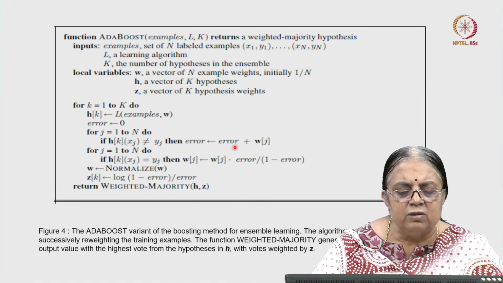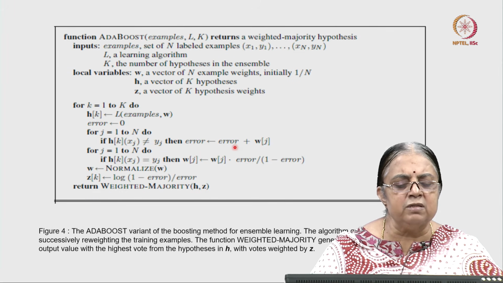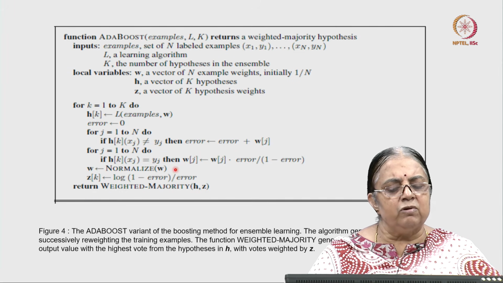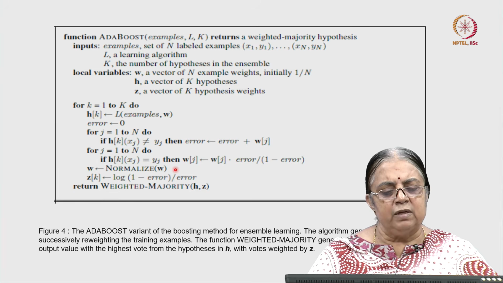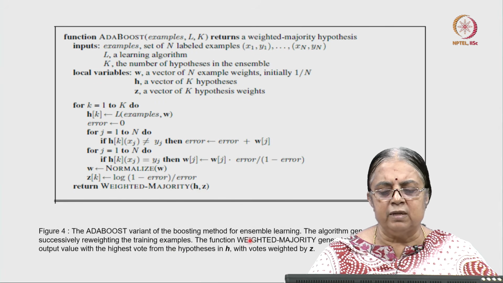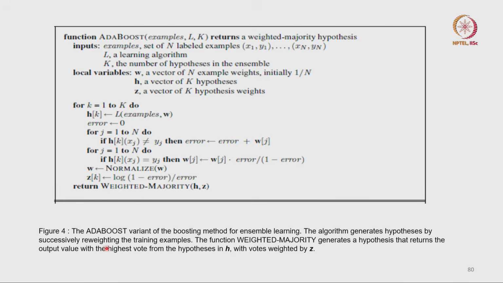So, what you are basically doing is reducing the weights of those which are classified correctly. The algorithm generates hypotheses by successively re-weighting the training examples.